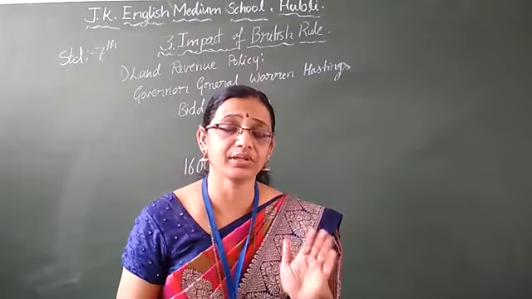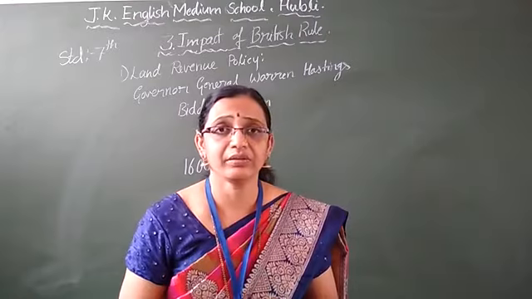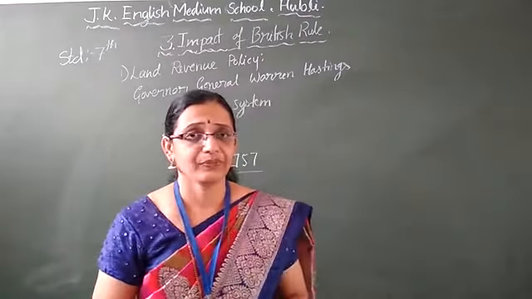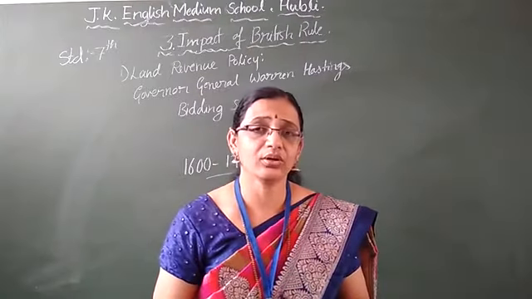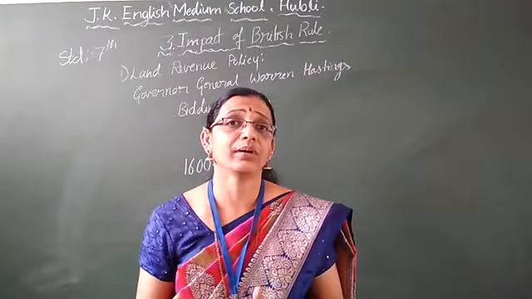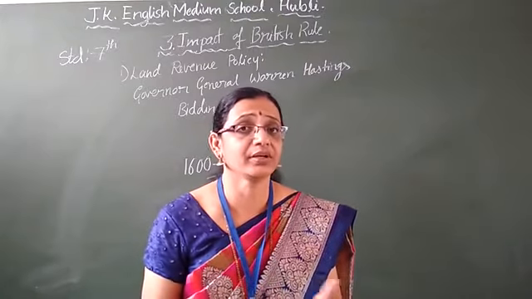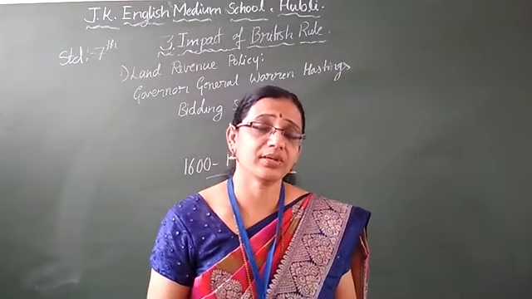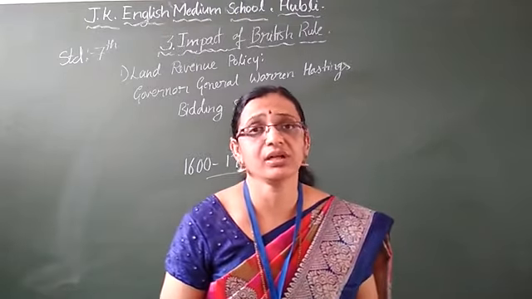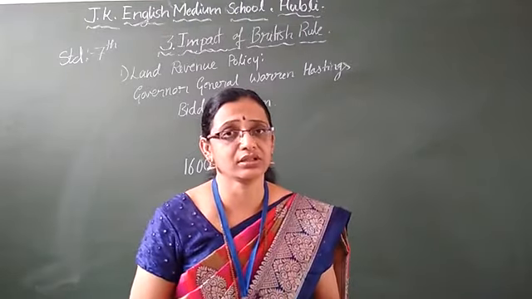From that victory they entered the administration of India. Bengal came under their control, so they started administration. After that, at the Battle of Buxar, they expanded their rule. In this way, they started entering the administration of India. That is what we learned.